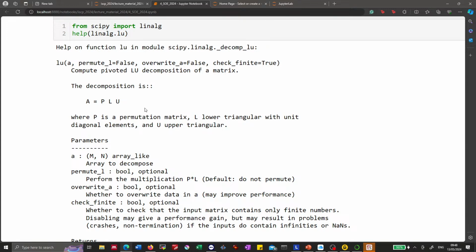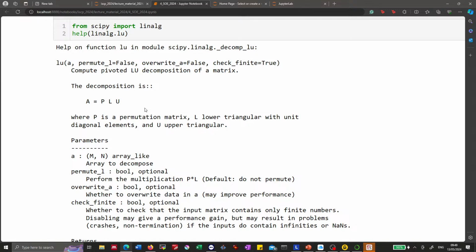What does the function take? The function takes A, for which we are supposed to find the decomposition. We have, that's important, a few other variables. For example, permute_l, it's a Boolean, perform the multiplication P times L, or do not provide the permutation. Overwrite_a is false, whether to overwrite data A, meaning we take a matrix and then we overwrite the data in place.